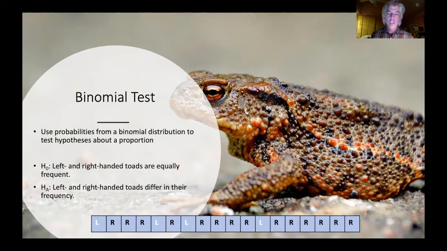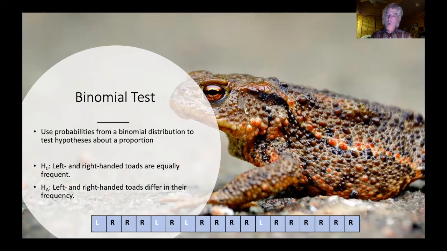Okay, can we reject that null hypothesis based on our observations in a sample? And when we use these calculations of the probability from a binomial distribution to calculate a p-value to test a null hypothesis, then we're doing what's called a binomial test.